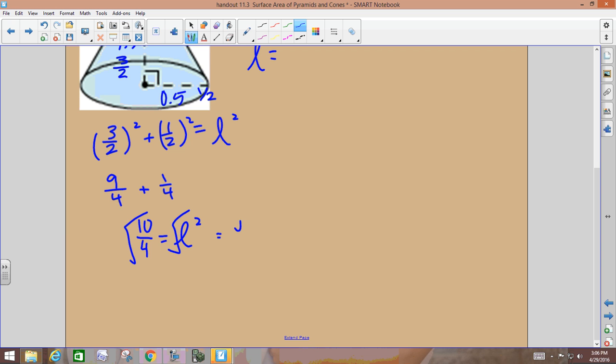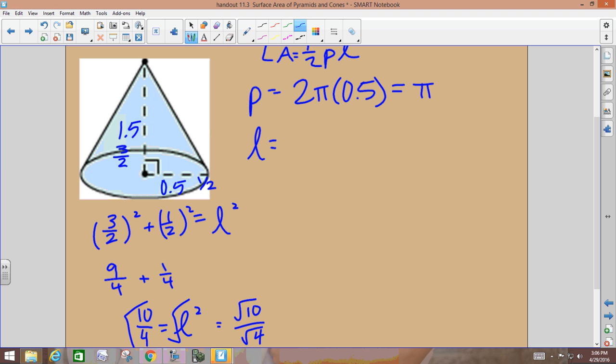Then I have to take the square root. So we're looking at the square root of 10 over the square root of 4. Do you know what the square root of 10 is? Me neither. Do you know what the square root of 4 is? 2. So then, as an exact answer, that would be the square root of 10 over 2. If you use the decimals, then you should have gotten the square root of 2.5, yes? Okay, pick one of those two to plug into your equation then.